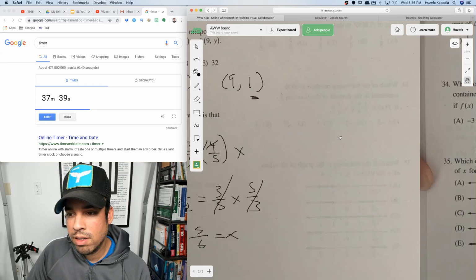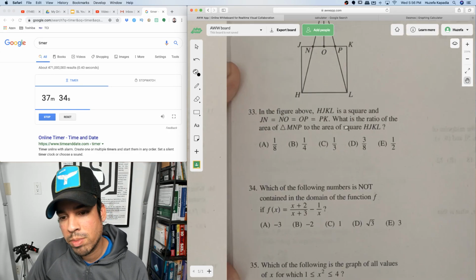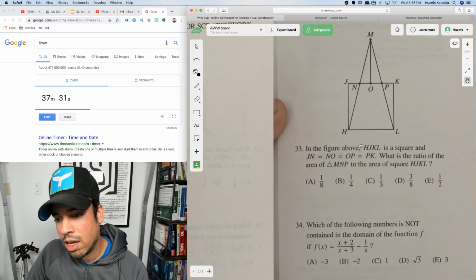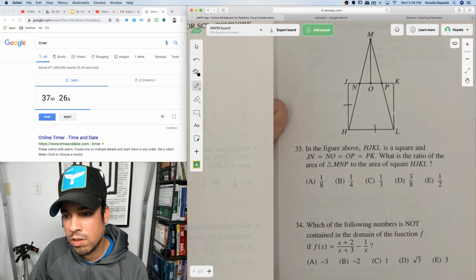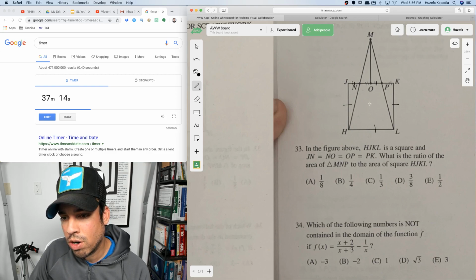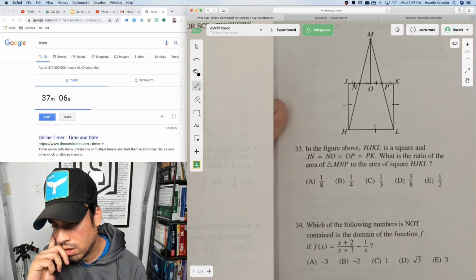On to 33. We're doing really good on time, but the problems are about to get harder. In the figure above, HJKL is a square. All those sides are equal. And JN equals NO equals OP equals PK. What is the ratio of the area of triangle MNP?